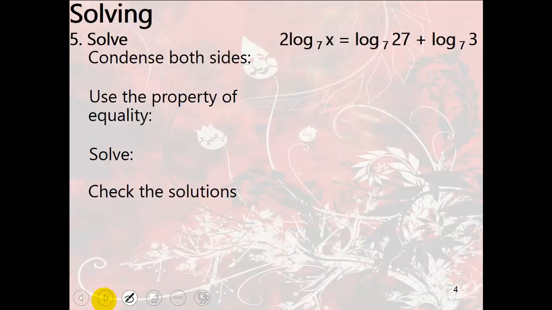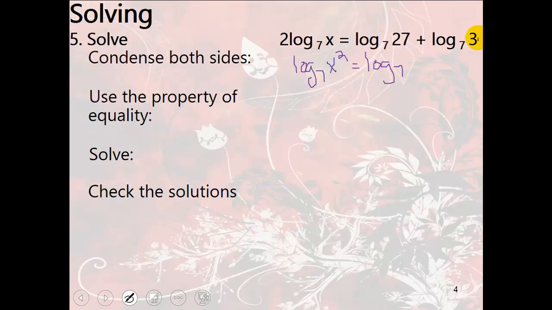Now I'm going to solve a log where I have to do some kind of condensing on both sides of my equation before I can use the property of equality. So this becomes log base 7 of x squared equals log base 7. I'm going to multiply these two together. This is my product property.